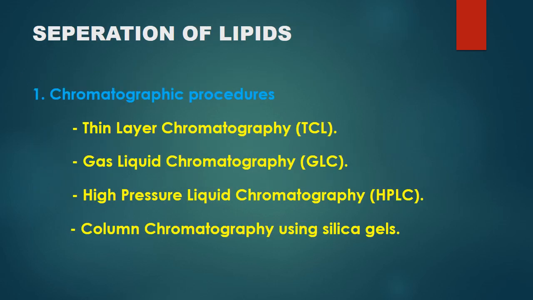In continuation about the separation of lipids, different techniques are used for actual estimation, and one of the most common is chromatographic procedures. These have different applications: thin layer chromatography, the most classical method, then the modern method of gas liquid chromatography, and a further, more accurate method, high pressure liquid chromatography or HPLC.